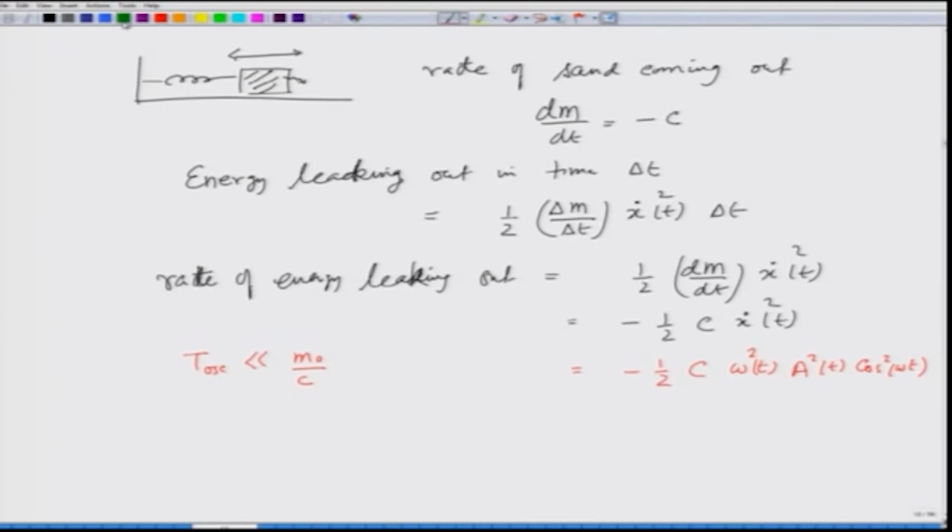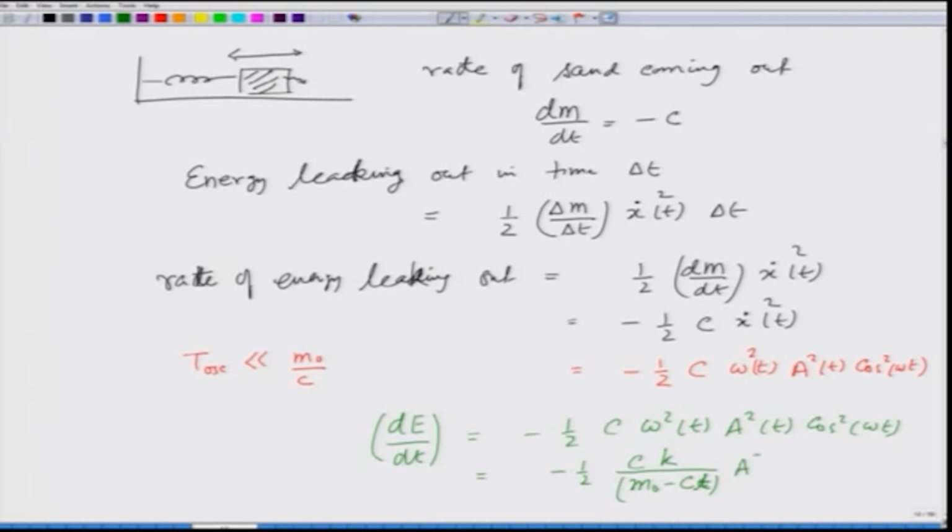So, let me write this equation in a different color. dE/dt, the rate at which energy is going out at any time t, is minus 1/2 c omega squared t, A squared t, cosine squared of omega t, which I can further write as minus a half c k divided by m naught minus c t, A squared t, cosine squared omega t.